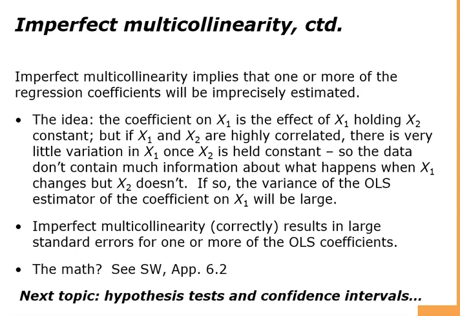So the variance of the OLS estimator of the coefficient on x1 will be large, which would mean that this will not be the estimator with the lowest variance, which once again violates the assumptions of OLS. So imperfect multicollinearity results in large standard errors, and that has consequences for the OLS coefficients.